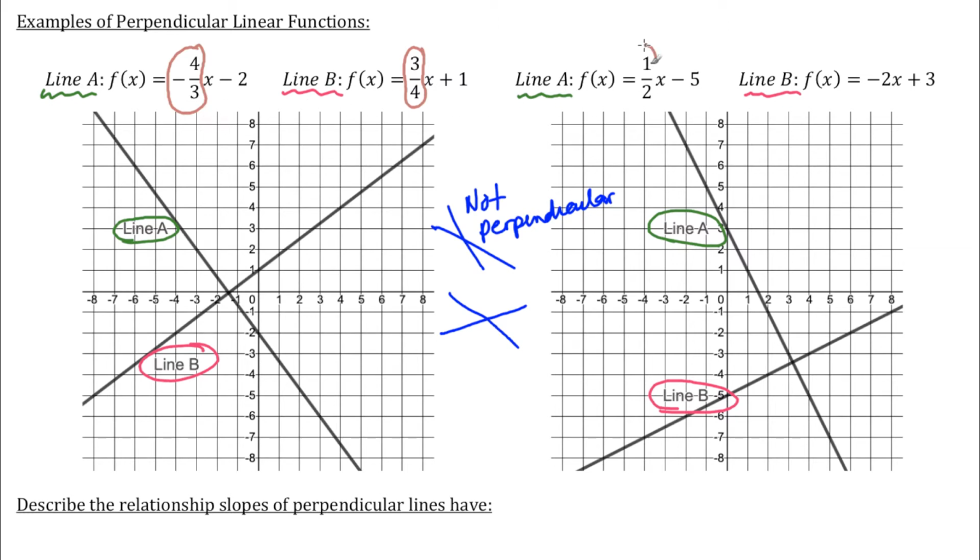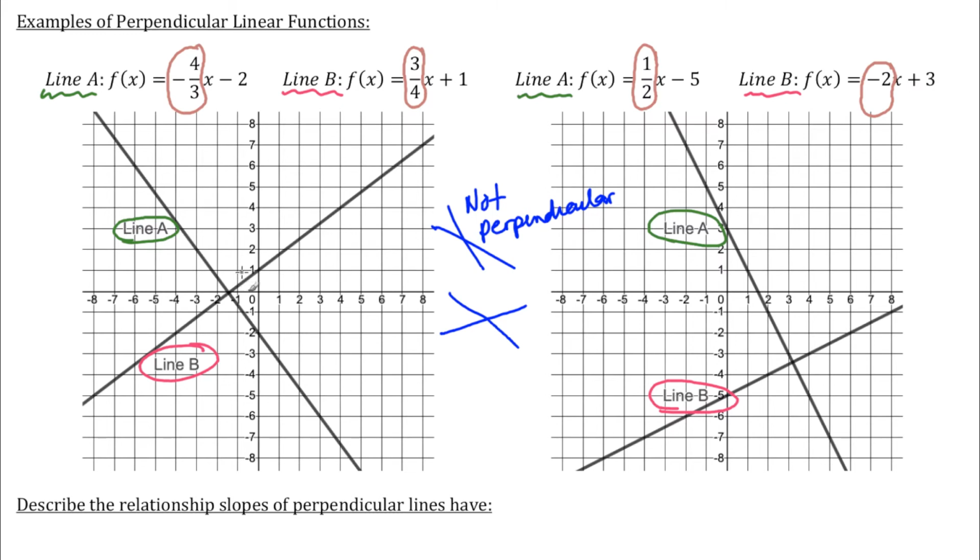What about here? 1/2 and -2. So these definitely look related. You see how this 4 is over 3, this one's 3/4. You see how this is negative? Well, this one's positive. So if it was negative, perpendicular would be positive. If it was positive, perpendicular would be negative. 4/3, we flip it, 3/4.